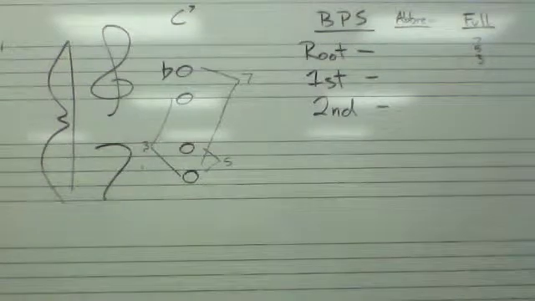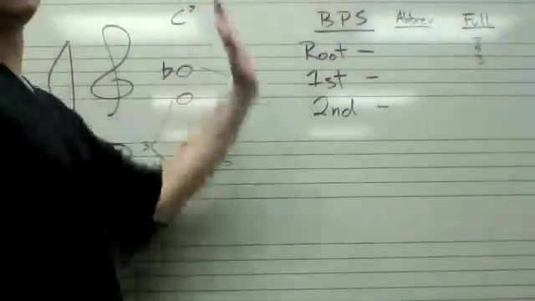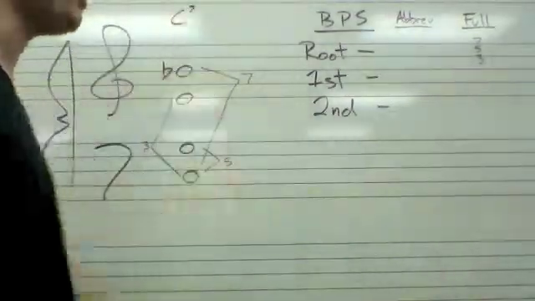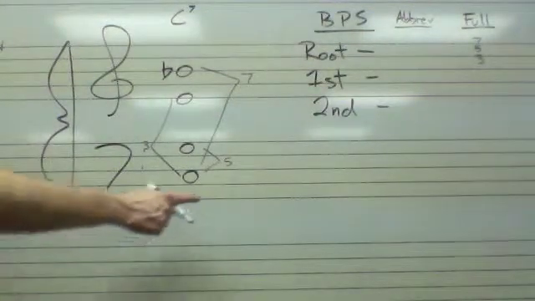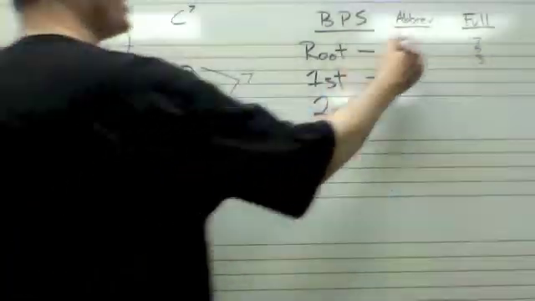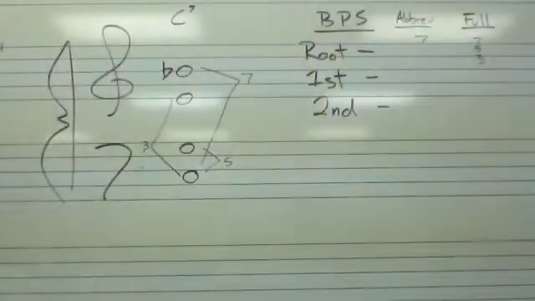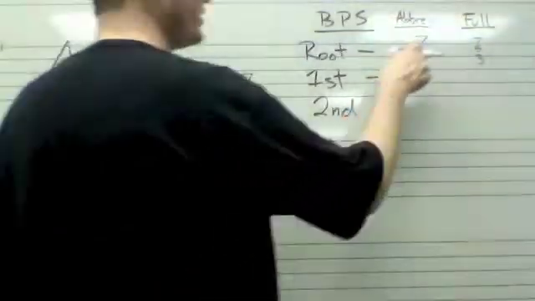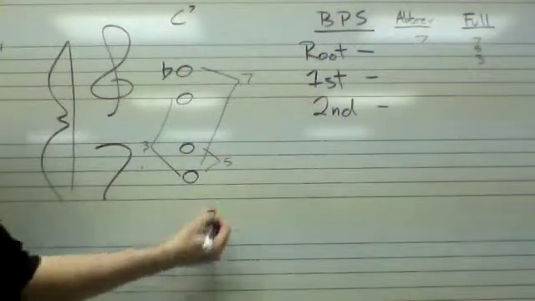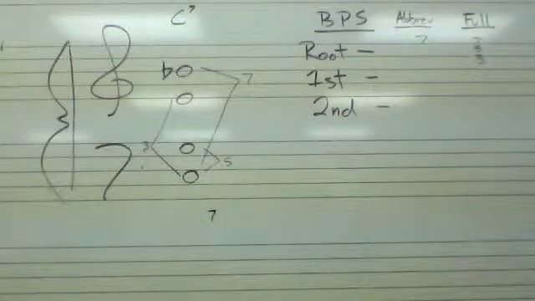Bass position symbols always are vertical, and it's in numerical order with the highest number at the top. We don't write 7, 5, and 3. We abbreviate it with just 7, because the 5 and the 3 exist in a triad anyway. The 7 is what distinguishes this from the rest, so the bass position symbol would only be 7 here.